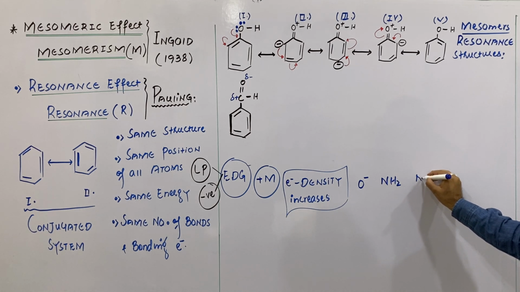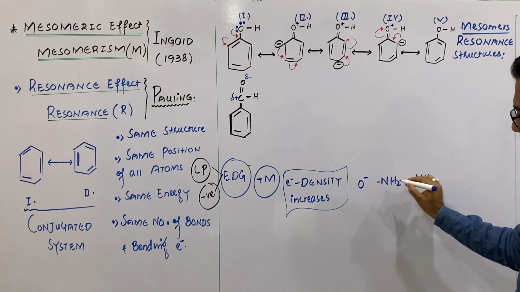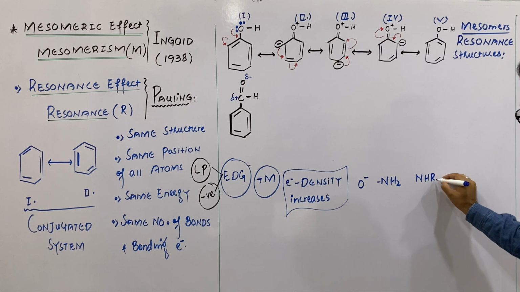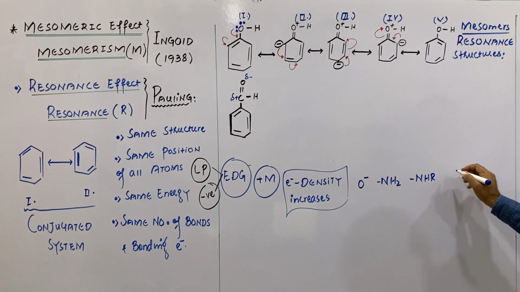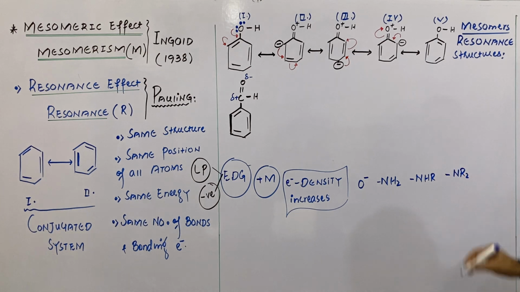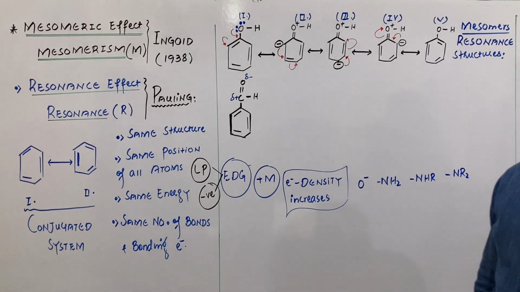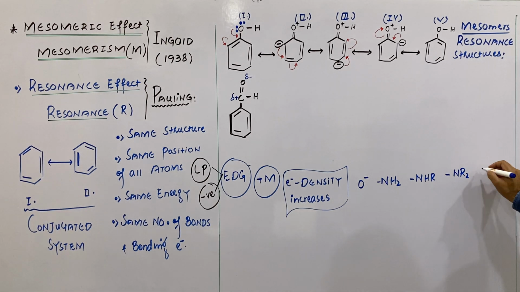NH2 group, NHR group, amino group. This one is basically the secondary amine group. Similarly, the tertiary amine group is also an example. OH group, OR group, they are examples.